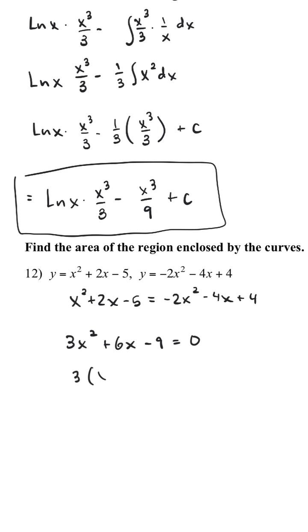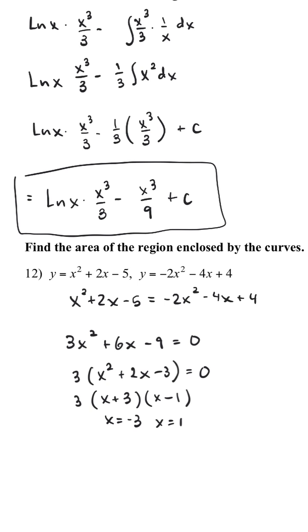Factor out a 3. And then factor into x plus 3, x minus 1. So we have x from 1 to negative 3.